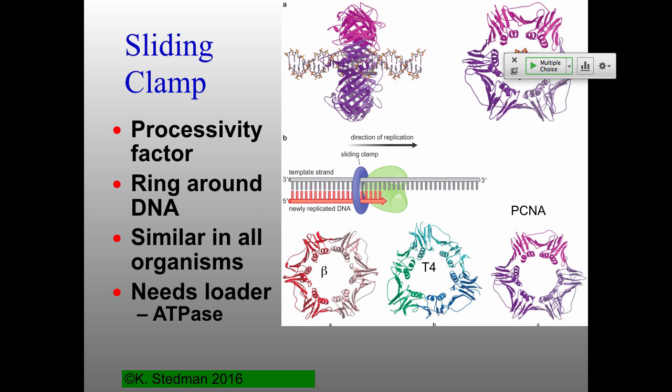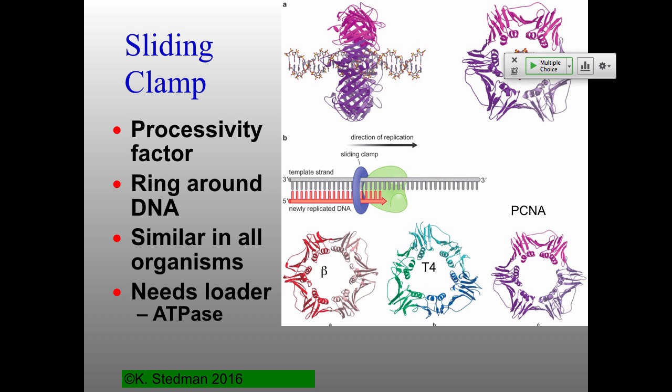It's also helping bring together a lot of other proteins. One of my colleagues who works on these things thinks of it kind of like a tool belt, like the replication tool belt. So it's got the DNA polymerase hanging off here, primase hanging off there, RNase H hanging off on the other side. So interacting with lots and lots of different proteins.